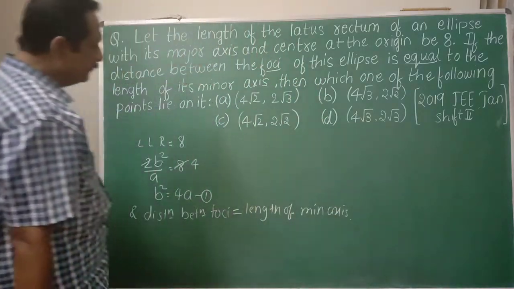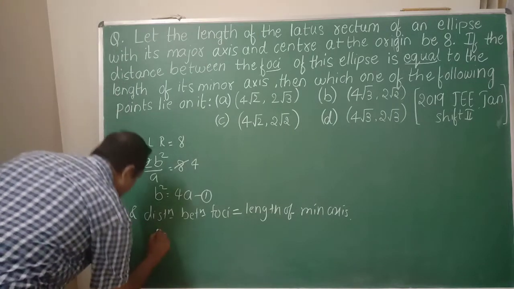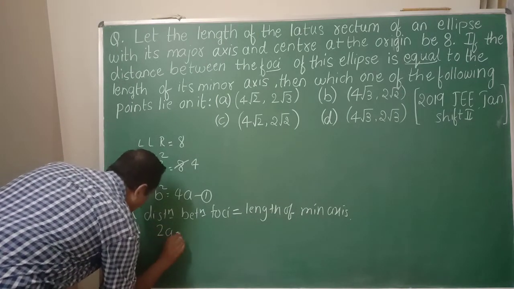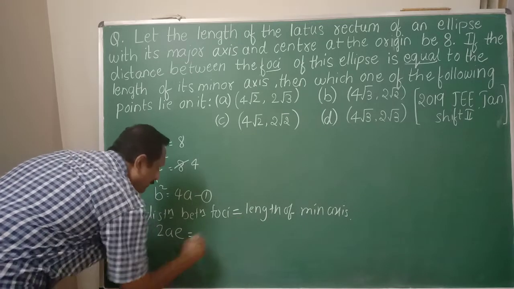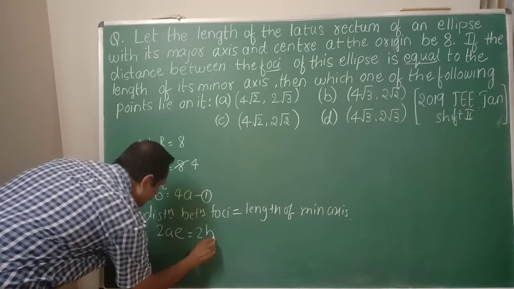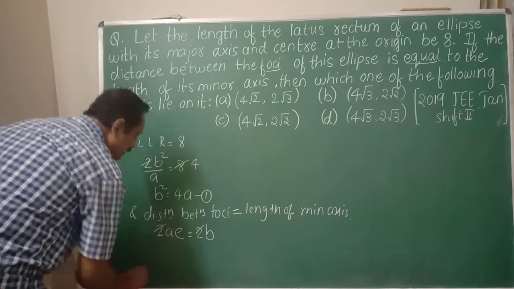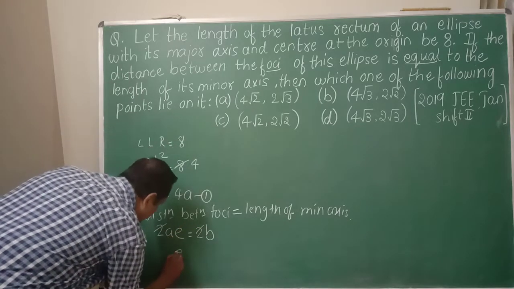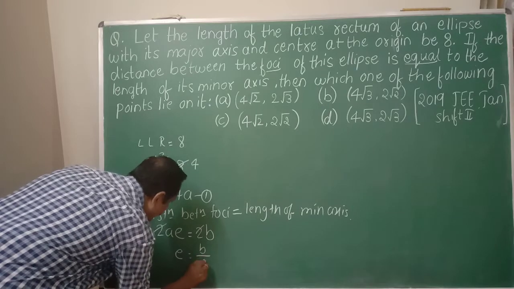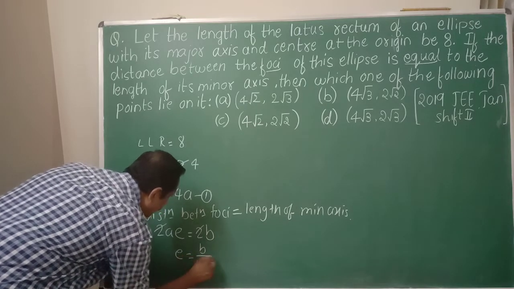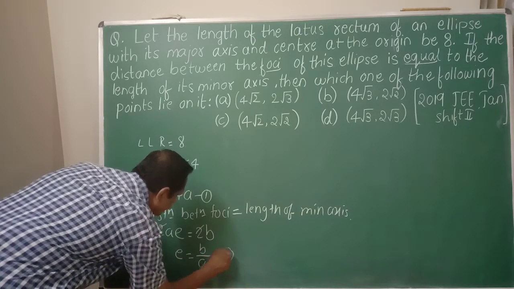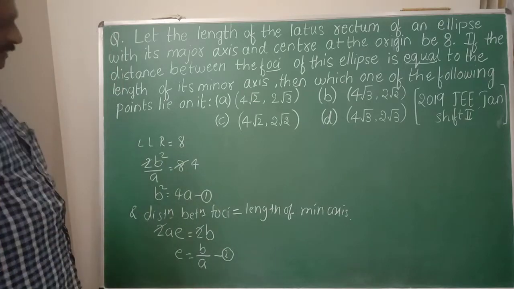Therefore, the distance between foci is 2ae, and the length of the minor axis is 2b. Then this 2 cancels. Take a to that side: e is equal to b divided by a. Take this as result number 2: e = b/a.